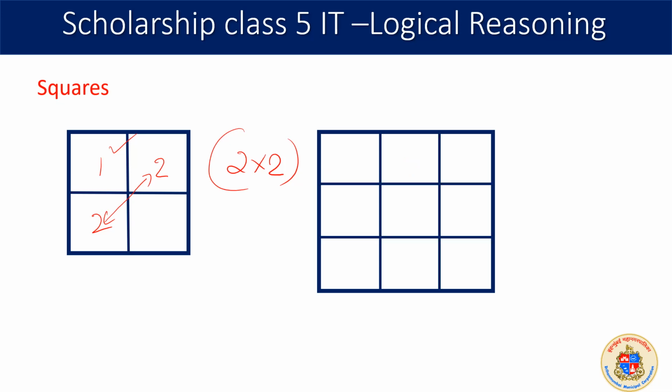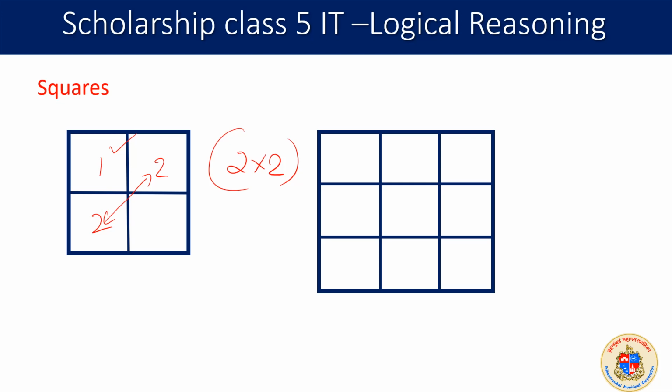Divide that square. Now, how many squares are there? We know that there is a big square, and there are 3 into 3, 9 squares, so 10 is guaranteed.